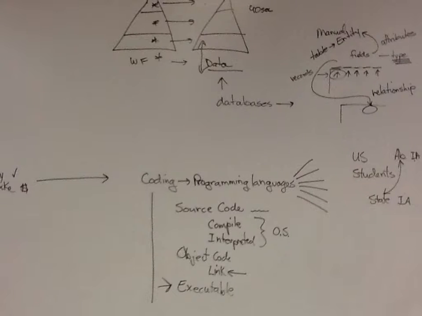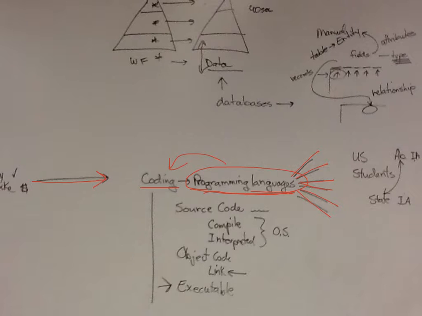Alright, so this part where we talked about do you buy or do you code, I gave a brief overview of programming. We write programming code in a programming language like Python or C#, C++, old ones like Pascal, COBOL, Fortran, all of these different programming languages.